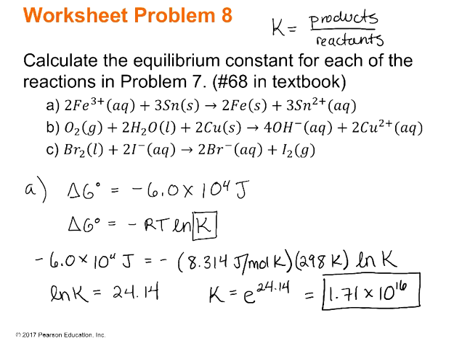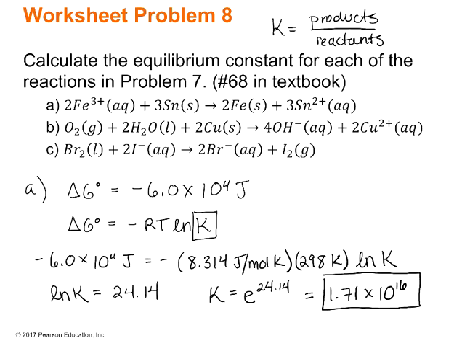So if we have a lot of products, then K will be quite large. It will be greater than 1. So that all checks out. It's always good at the end of a problem to ask yourself, does that make sense? Is that the answer I was expecting? And if it's not, you can always go back and double check your work.